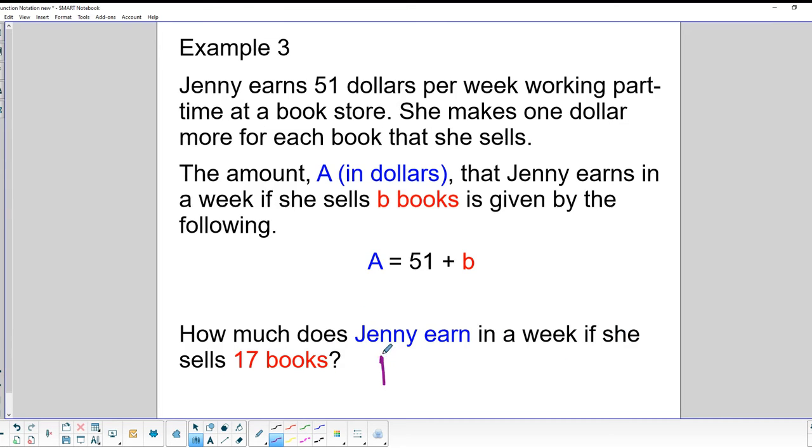So you'd end up with A equals 51 plus 17, and that equals 68. So she'd make $68 if she sold 17 books.